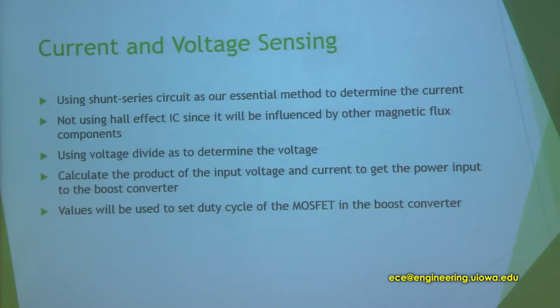So our final decision is using a shunt series circuit as our essential method, and a voltage divider to measure the voltage. For the input to the boost converter, we calculate the voltage and the current, their product, to get the power. After that, we pass the power as an analog signal into the microcontroller to analyze it.